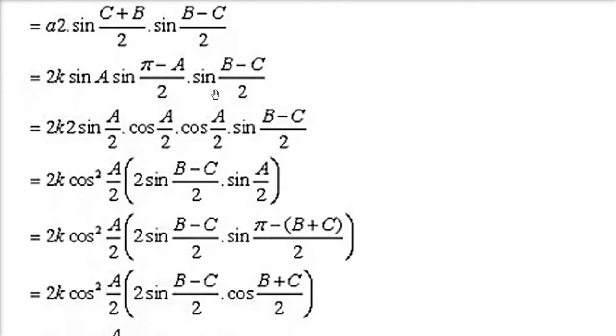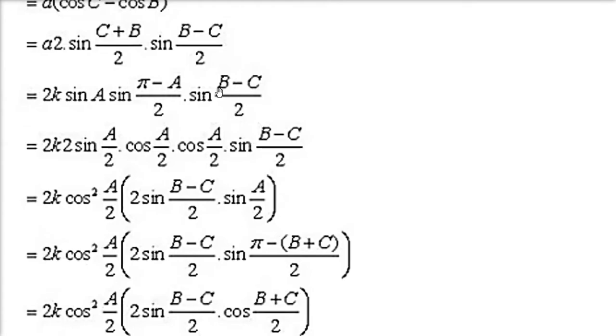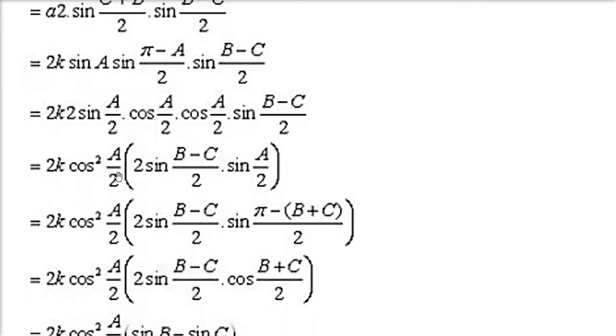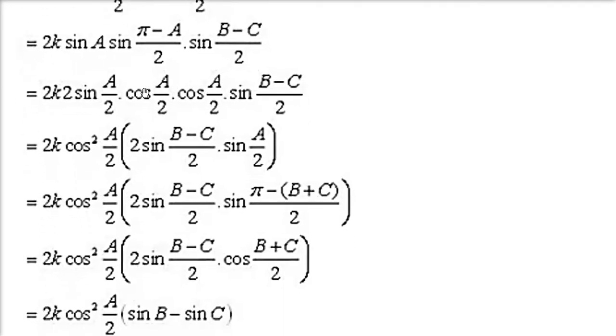Then you have sin A by 2, and here this is sin B minus C by 2. Now if you see this sin A, we can write it as 2 sin A by 2 cos A by 2, since sin theta is 2 sin theta cos theta.